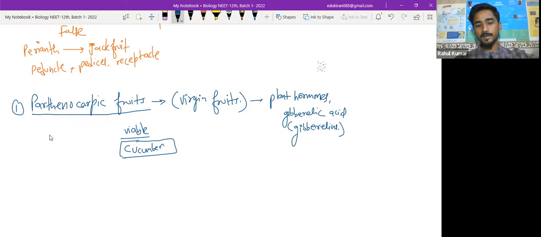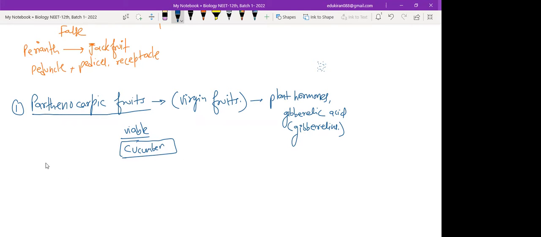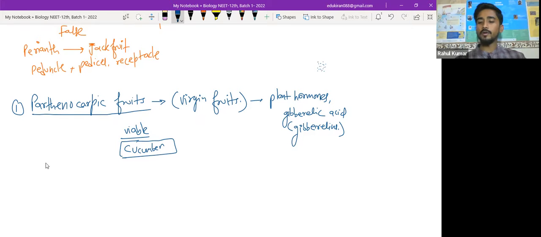So is parthenocarpy, its process, advantage, everything clear? But if parthenocarpic fruits don't produce viable seeds, then how else will we get seeds that can germinate? Basically, what we are doing is we have plants. Suppose you want to cultivate orange through parthenocarpy.